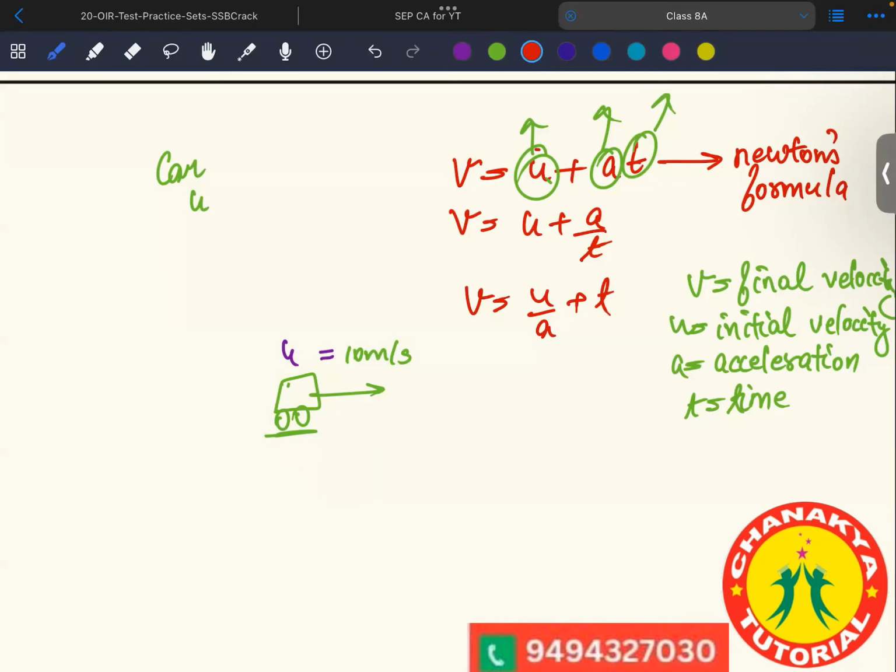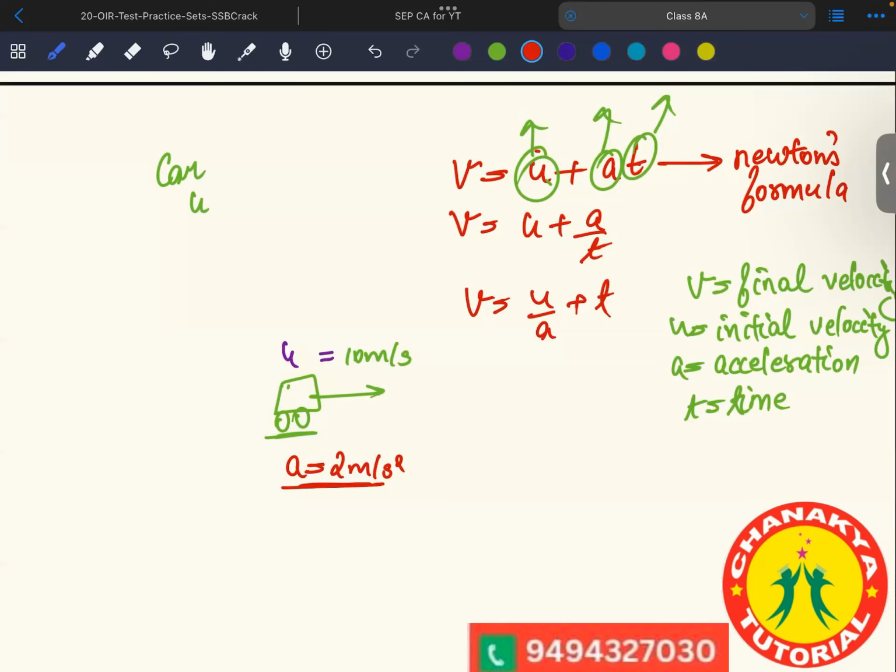Very good. So let's say Manasvi is driving this car and she stepped on the accelerator. So she is accelerating this car by 2 meter per second square. This is the amount by which she is accelerating that car. And she has put her foot on the accelerator for 10 seconds.